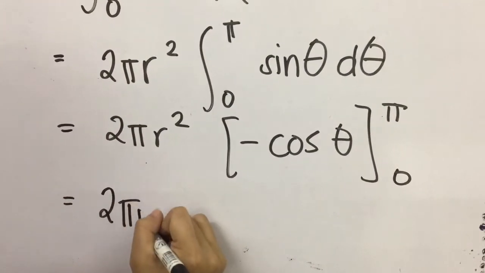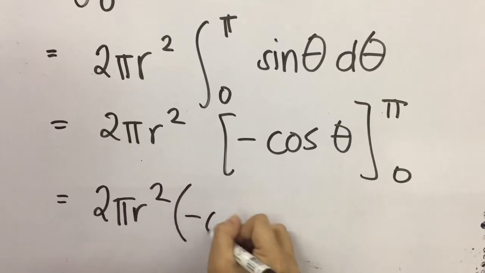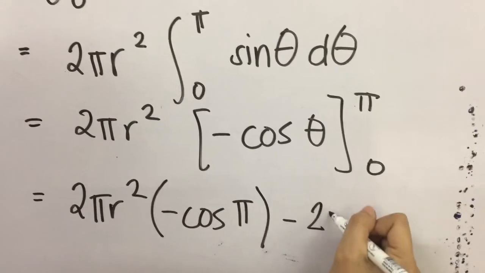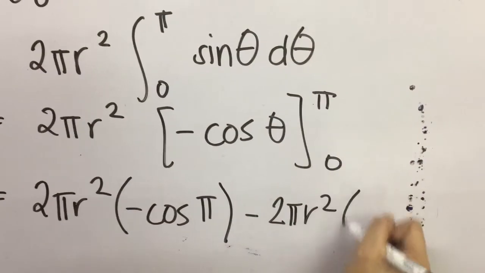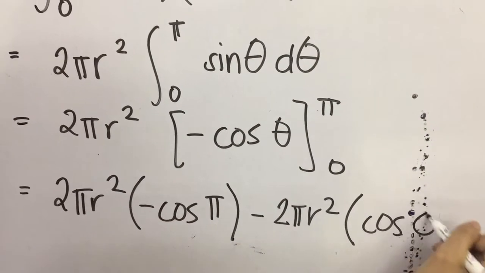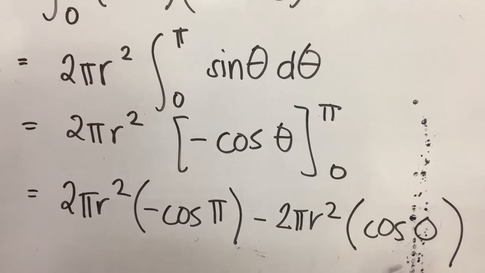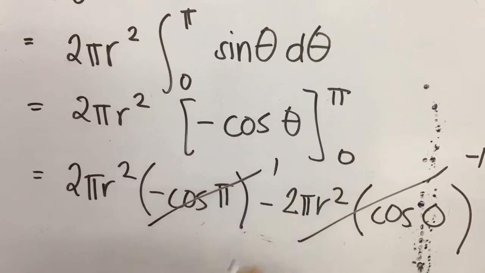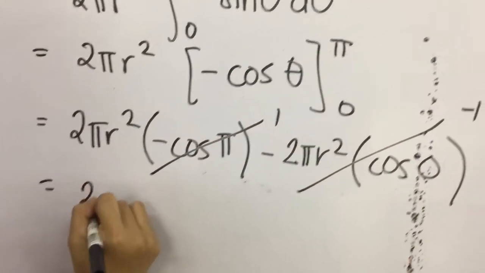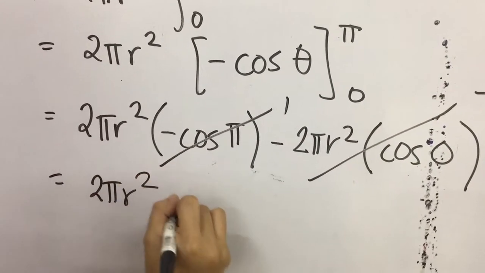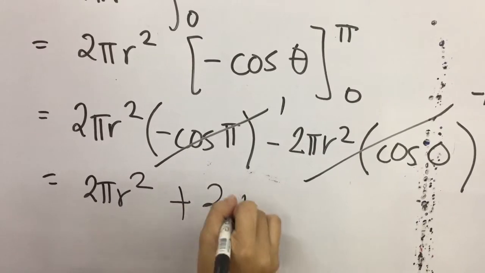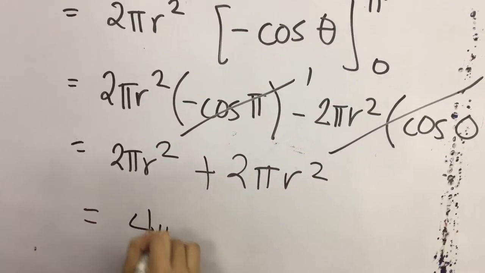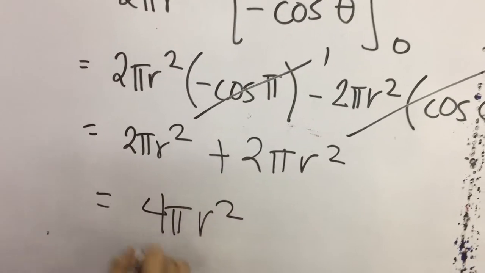So it would be 2 pi r squared times negative cosine pi minus 2 pi r squared times cosine 0. Canceling out, cosine 0 and negative cosine pi become 1, equals 2 pi r squared plus 2 pi r squared equals 4 pi r squared.